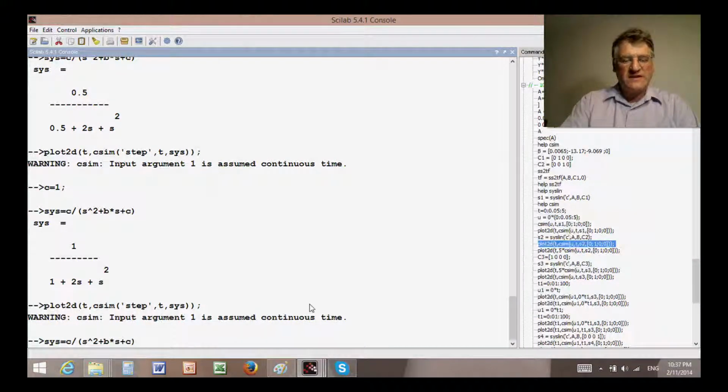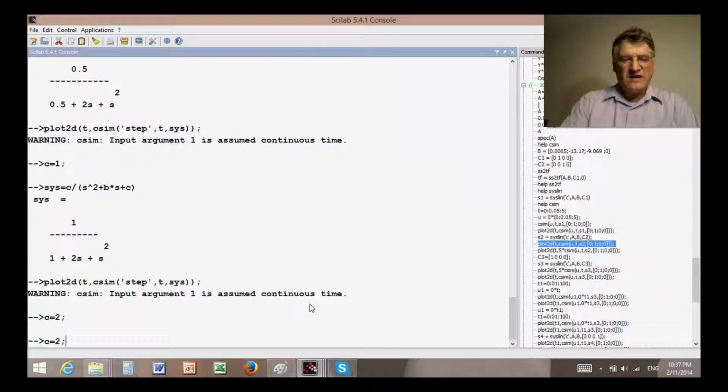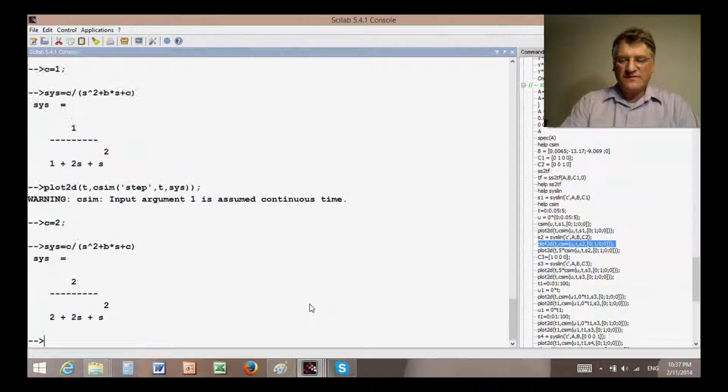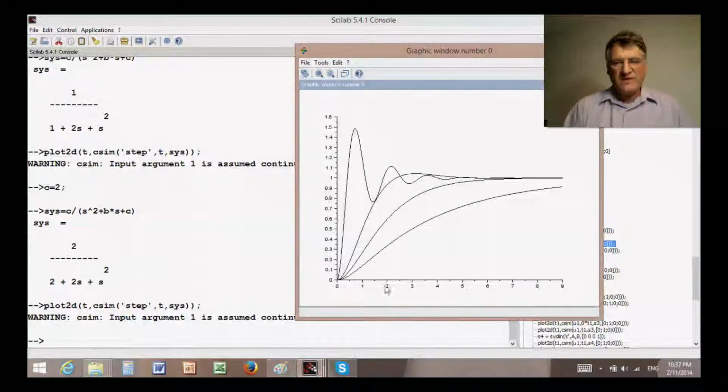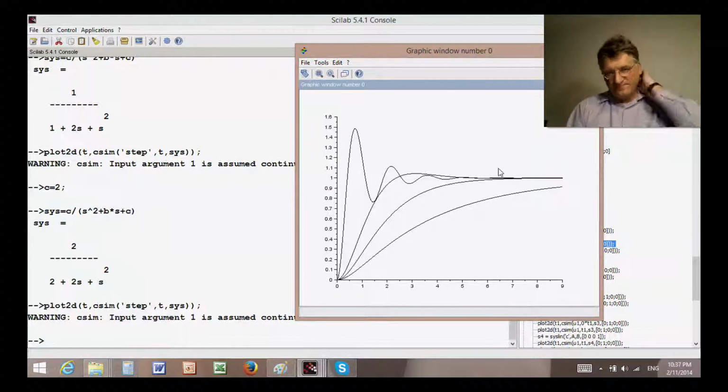What if I go even faster? So I write that C now is equal to 2, and I do the same experiment. Then the response of the system will look like this. It develops some overshoot. It is faster, but it overshoots.